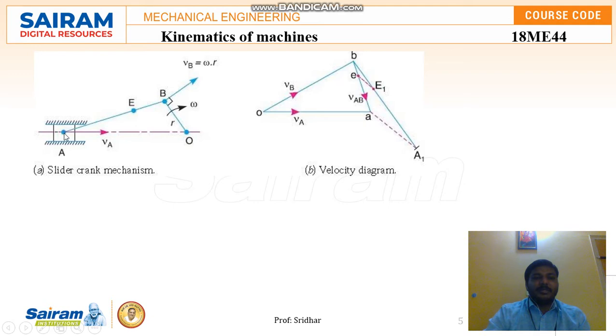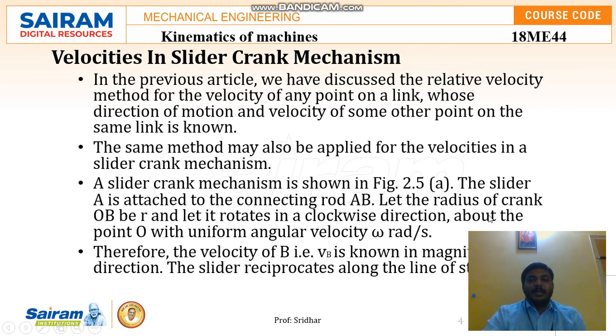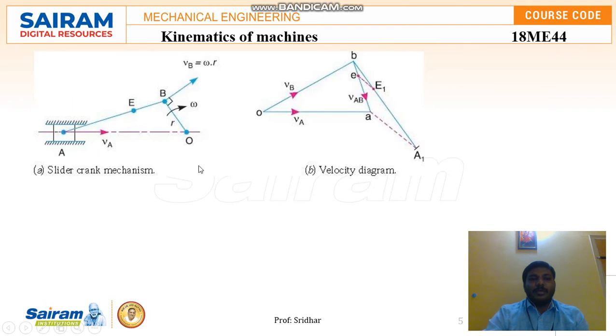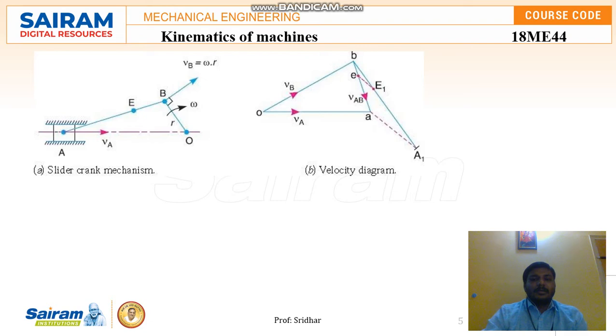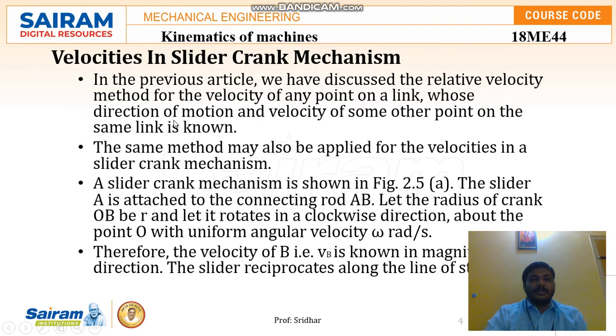Let the radius of the crank OB be R, and it rotates in the clockwise direction.